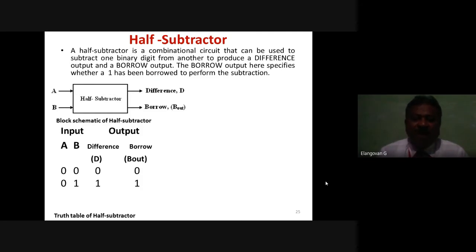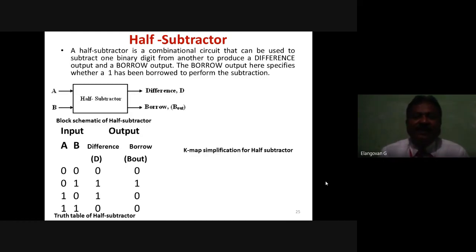Please keep it in your mind. 0 minus 1 is different from 1 minus 0. So for 0 minus 1, we need to borrow 1, so borrow is 1. Difference is also 1. And when you are doing 1 minus 0, the difference is 1 and borrow is 0. We are not borrowing. That's what I specifically mentioned, that 0 minus 1 is different from 1 minus 0. And for 1 minus 1, the difference is 0 and borrow is also 0.